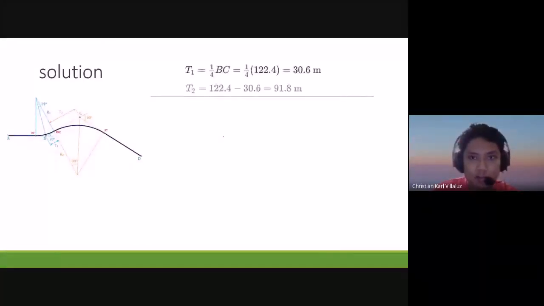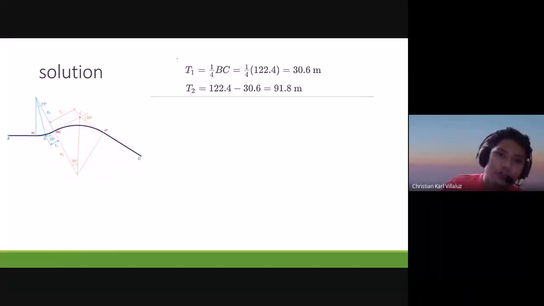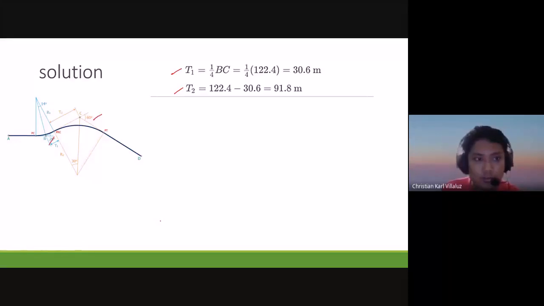Okay, so this is the computation. Since we already have the tangents for each curve, and we have the angles of intersection for each curve, we can now compute the radius for the first curve and the second curve.